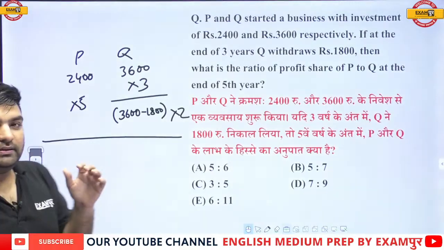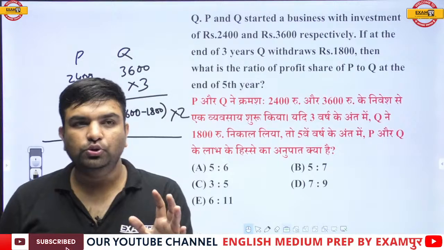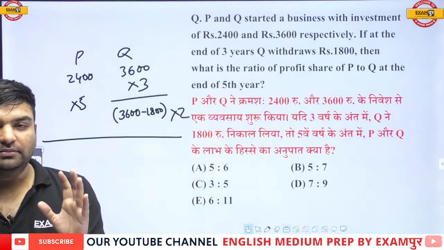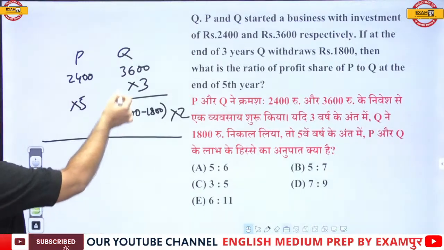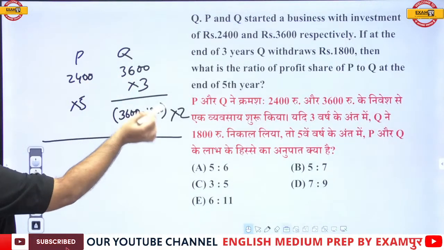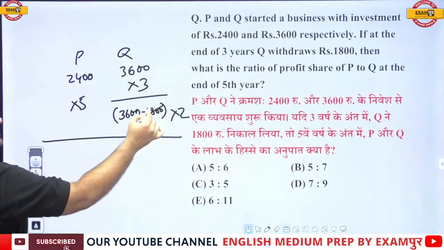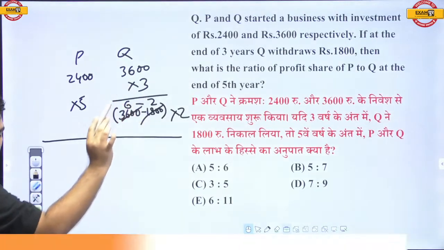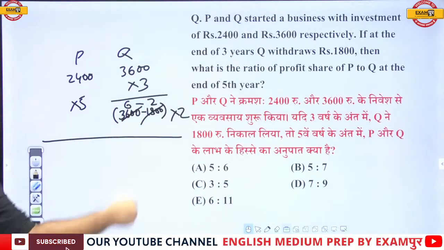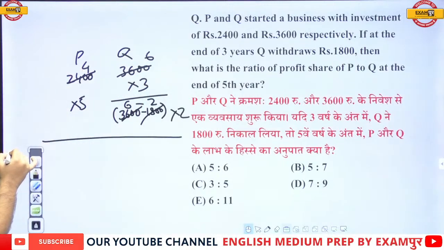Now, there is a choice available to you. If you want to simplify something, you can simplify it. These are all multiples of 600, so we can cancel them by 600. 600 2 times, 600 6 times, 600 4 times.